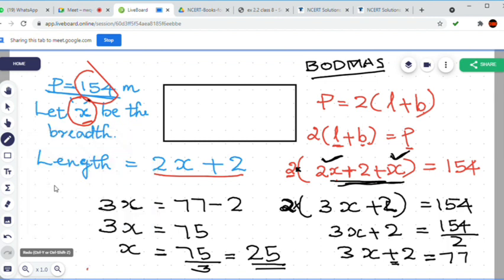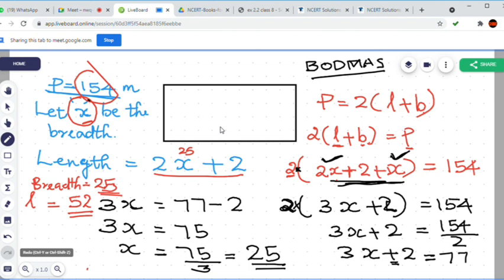Therefore breadth equal to 25. Breadth is 25. If so, what will the length be? It will be 52. Because length is equal to, you can write length fully, because to find length we have to do 2x plus 2. 2x plus 2 means 2 into 25, that is 50. 50 plus 2, 52. So length is 52 and breadth is 25.